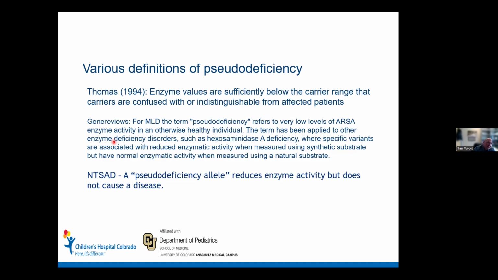Metachromatic leukodystrophy has a very common pseudodeficiency allele, and so they give a little bit different definition, and then one of the family support groups has an even further, slightly different definition. So what I wanted to say on my soapbox is that there's the laboratory definition of pseudodeficiency and there's the clinical definition of pseudodeficiency.